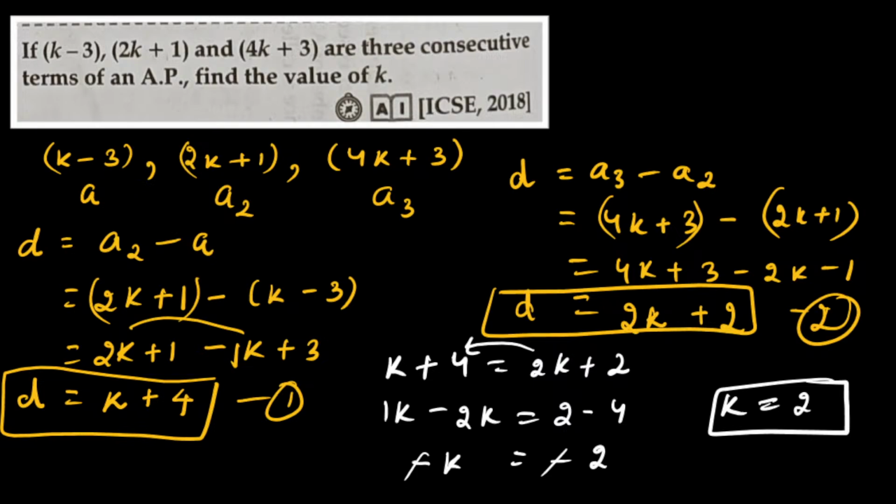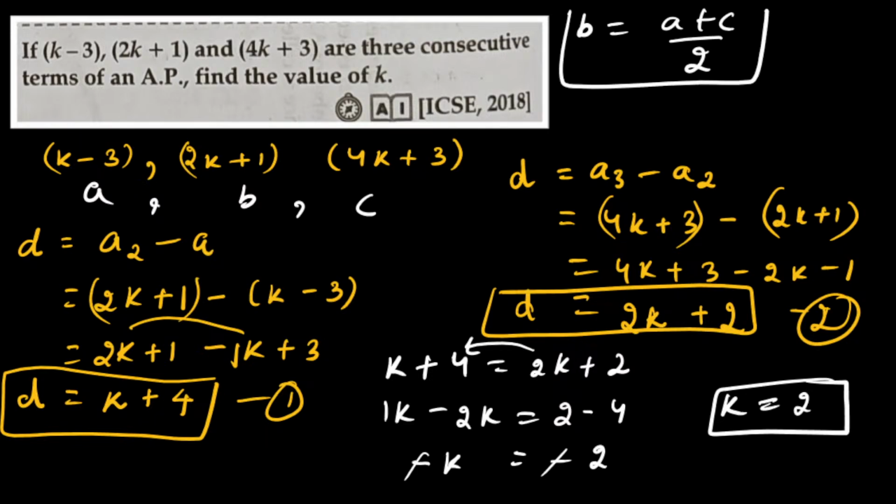As Anika has mentioned, we can use arithmetic mean also, where these three terms you can consider as A, B, and C. That is the alternative method. The arithmetic mean formula we know: B is equals to A plus C by 2.